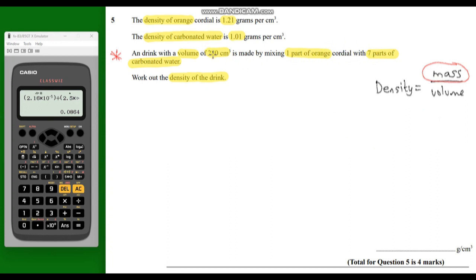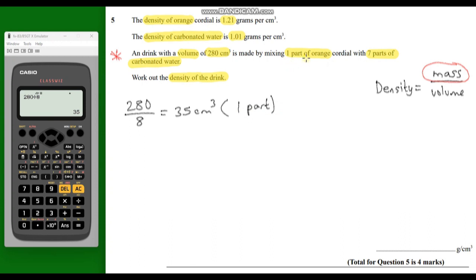To work out what each part is worth, we can just do 280 divided by 8. Let's pop that into the calculator. 280 divided by 8, and we get 35. So that's 35 centimetres cubed. That is what 1 part is worth.